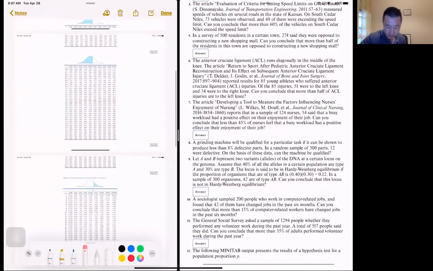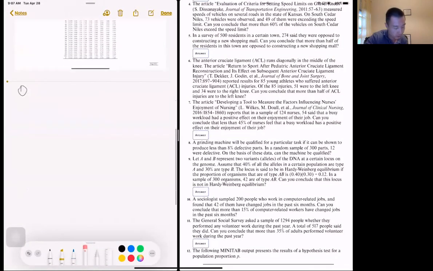All right. Based on the information from the question, we know this is a test for proportion, and this belongs to the equation in section 6.3.